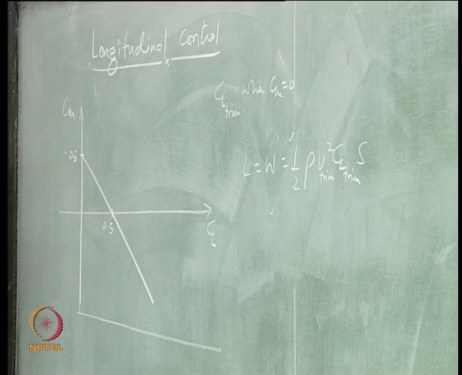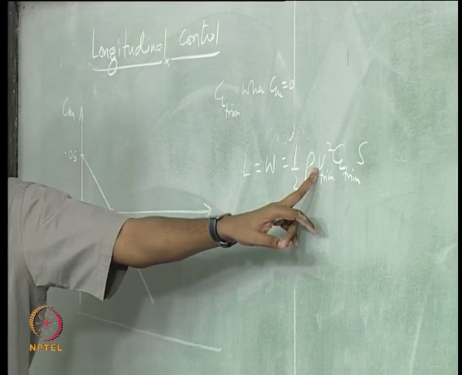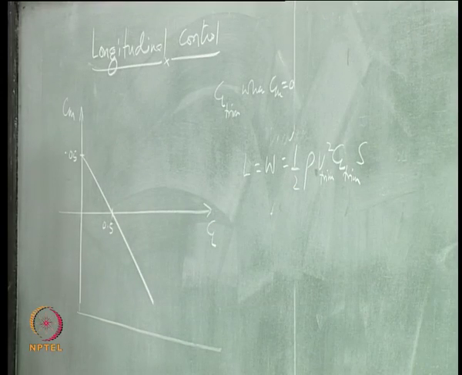Let us say I want to change the velocity or fly a new CL, right. That is how you are going to fly different velocity, you have to and still maintain a level flight condition.